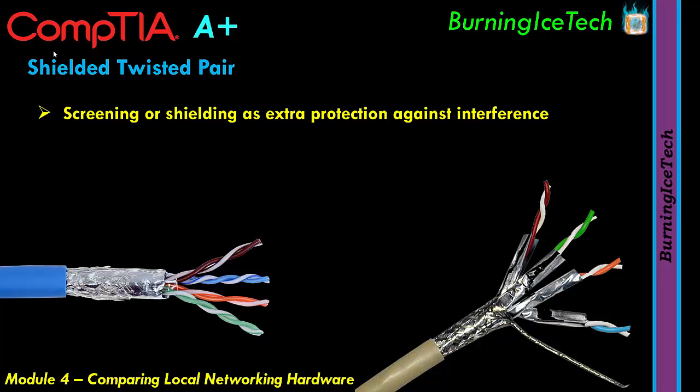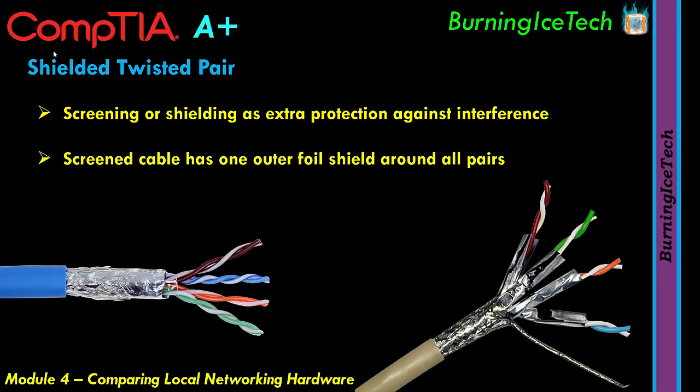So screened cable has one outer foil shield around all pairs. That will be the cable you guys see here at the bottom left, the one that's got the blue coating. If you pay close attention, you'll see there are 4 pairs of wires, 8 wires in total, with one shield around all the wires. That is screened cable.